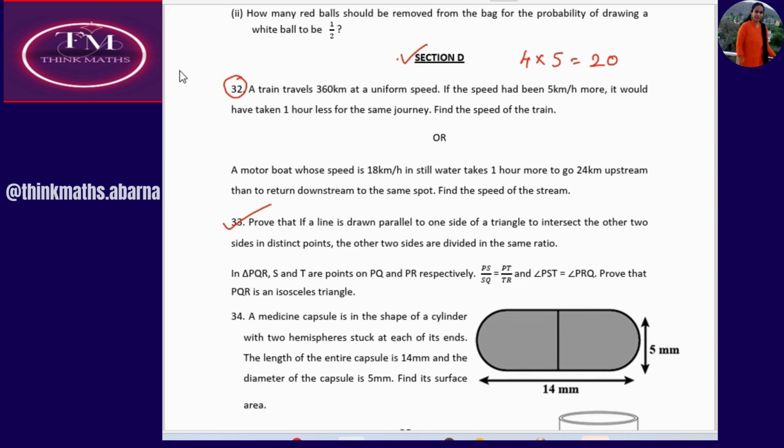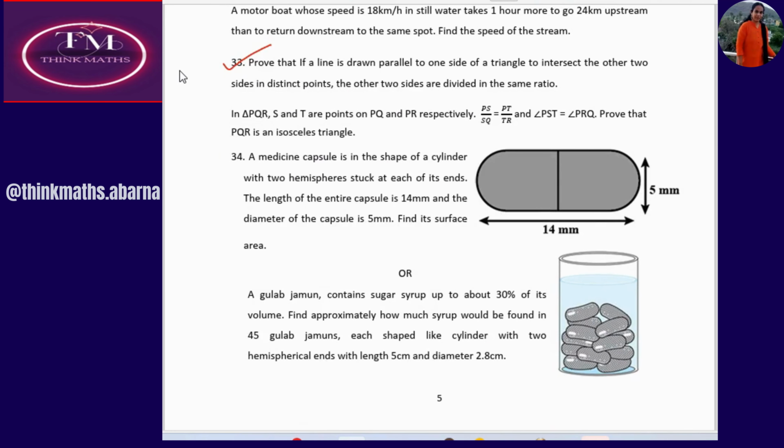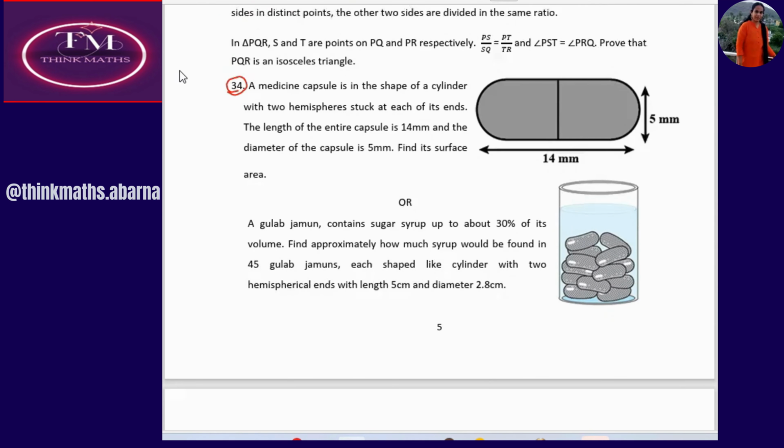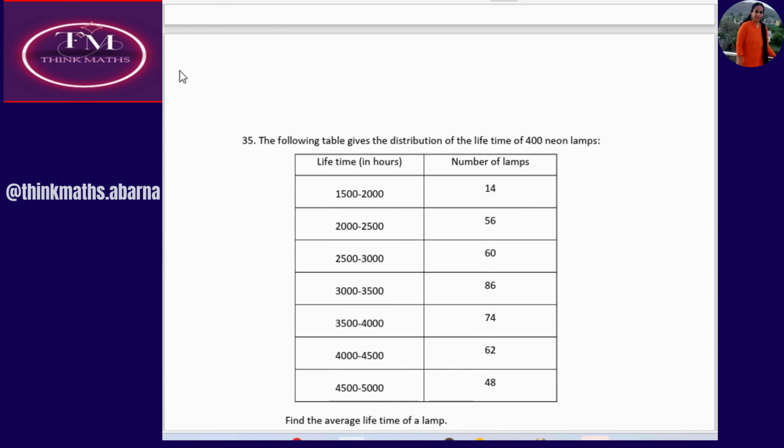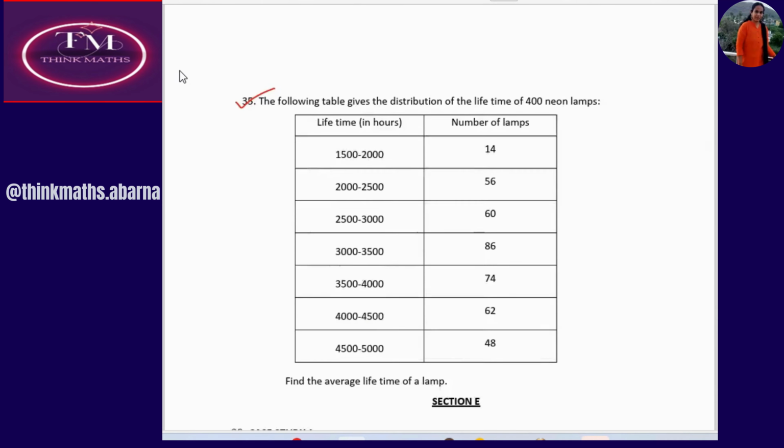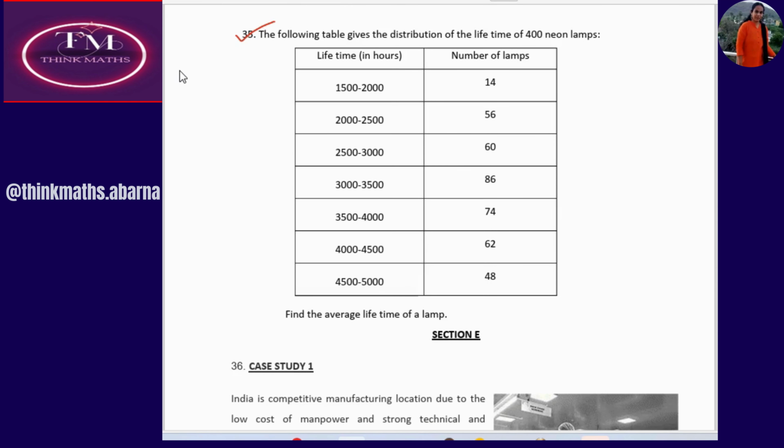In the 34th question you have internal choice; you can attend either one of the questions. Question 35 is based on statistics and it is compulsory. So these are the 4 questions we are going to discuss in this session.